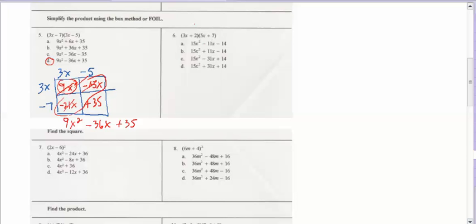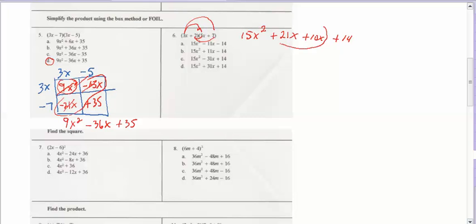Okay, the next one, let's go ahead and just do this one, the FOIL method. I'm going to multiply this times that, and I get 15x squared. Then I'm going to multiply this with the 7, so I have positive 21x. Then I'm going to multiply 2 and 5, which is positive 10x, and then I'm going to multiply 2 and the 7, which is 14.